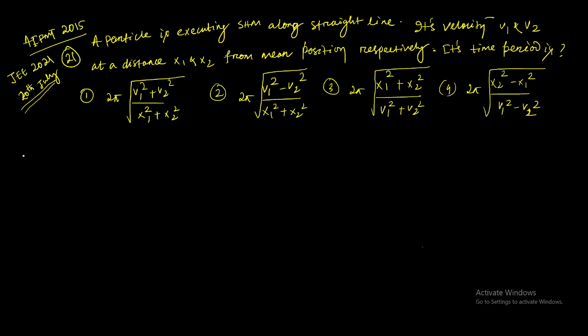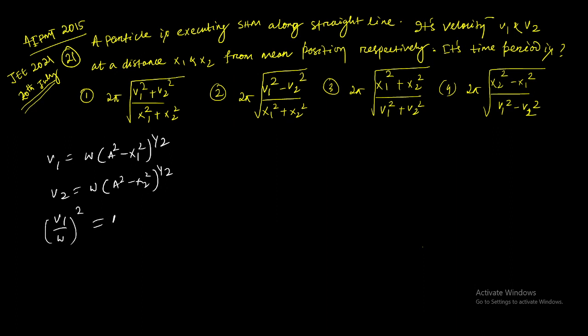So I can write v1 equals omega into (a square minus x1 square) to the power half, and v2 equals omega into (a square minus x2 square) to the power half. So (v1 divided by omega) whole square is equal to a square minus x1 square, and (v2 divided by omega) whole square equals a square minus x2 square.